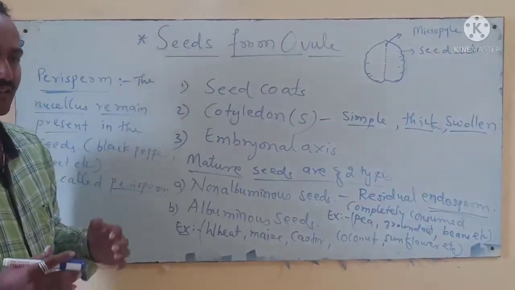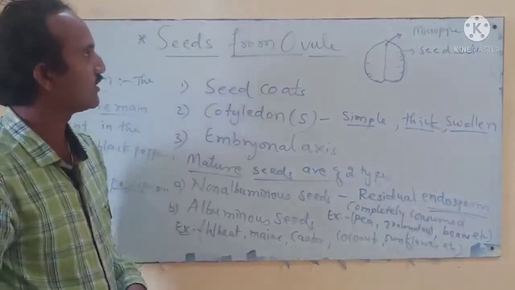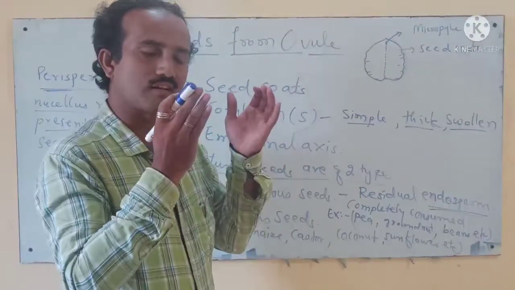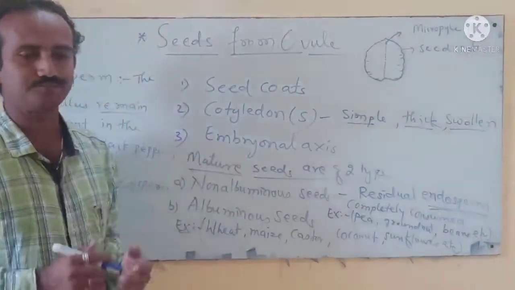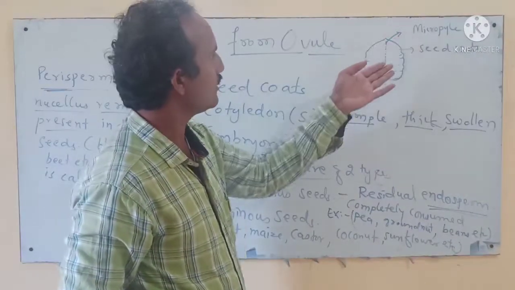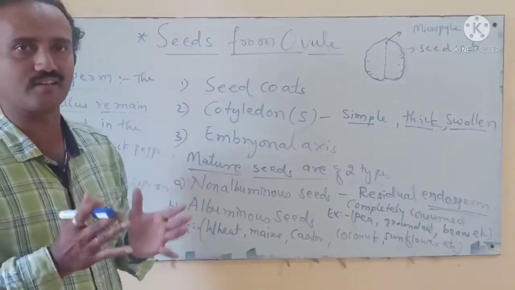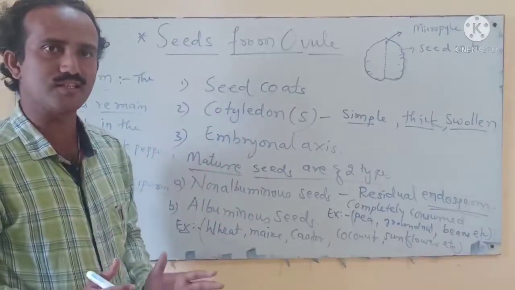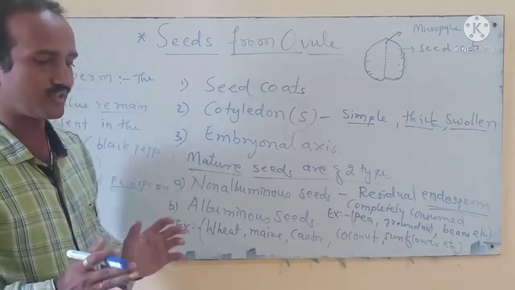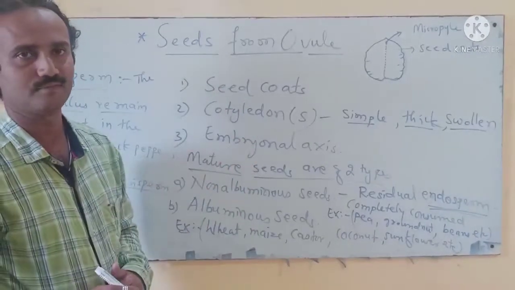Then as the seed matures, the water content within the seeds is continuously reduced. The water content of the seeds becomes reduced, and the seeds become dry.